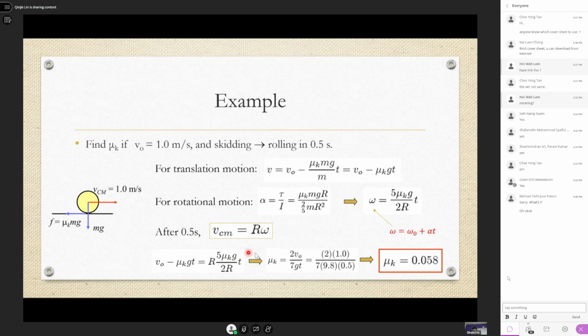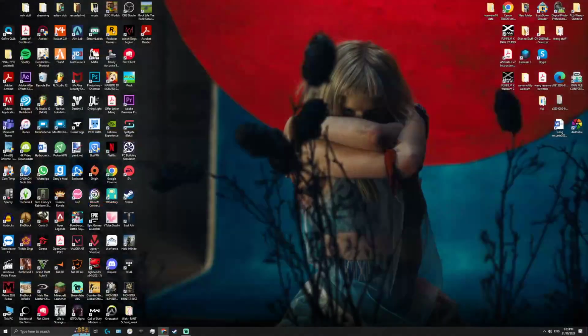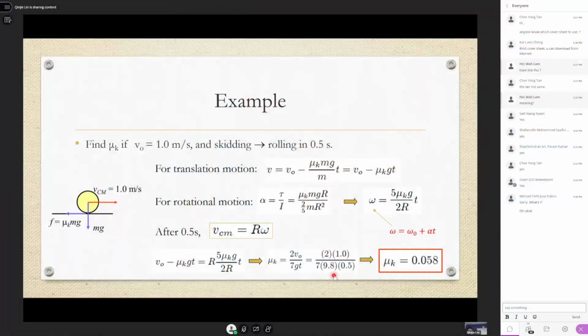Then this T, you see there's this T inside the equation. This is your time. It takes 0.5 seconds for this to happen. So for T, you just sub 0.5 inside here. You just solve for what you need to find, which is mu k in this case. So you will find the answer mu k.